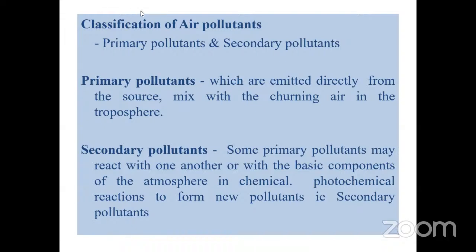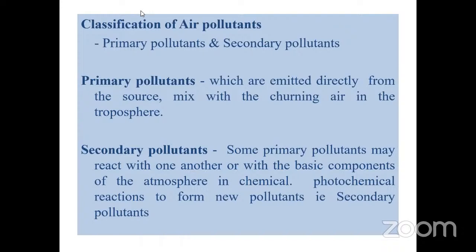Which one is more highly polluting? Secondary, madam. Your answer is correct. Why? Because they react with each other and produce a new variant, a new molecule or compound, which is more dangerous than the source material, isn't it? Very good. So secondary pollutants are always more dangerous than primary pollutants.